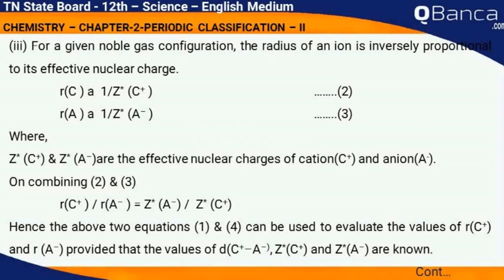On combining, we get R of C+ by R of A- is equal to Z star of A- by Z star of C+.